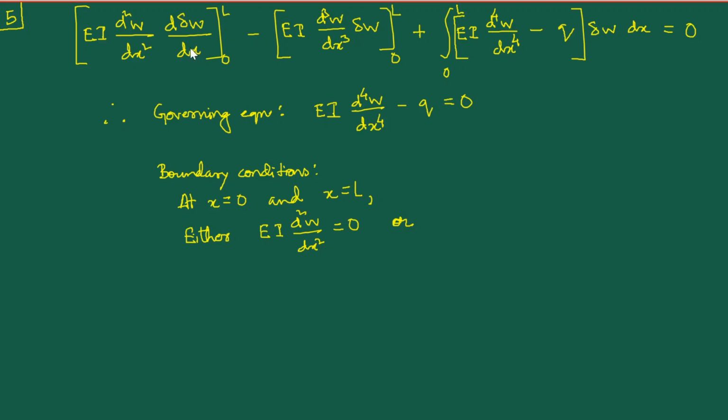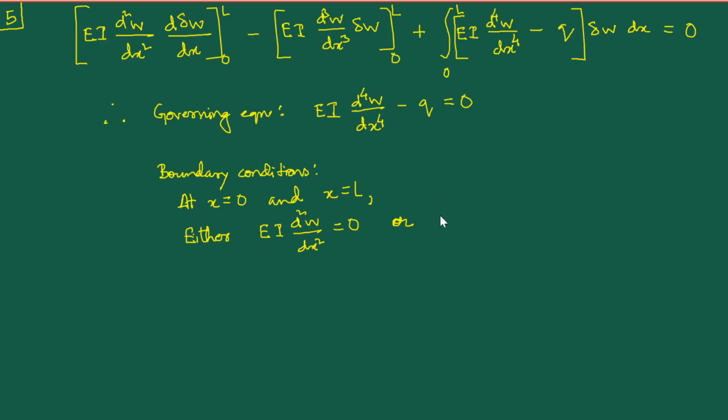What we mean by that is, what we are actually thinking is like this, that EI d square w dx square is equal to 0, or this entire thing, this d delta w dx equal to 0. Now d delta w dx equal to 0 is like delta of dw dx equal to 0. That basically means that if the first variation of anything is equal to 0, it must be so that that thing of which we are taking the first variation is a given to us.